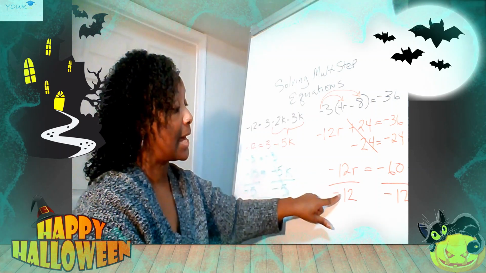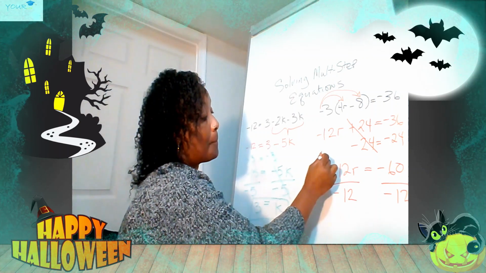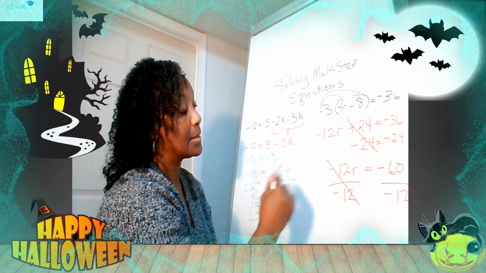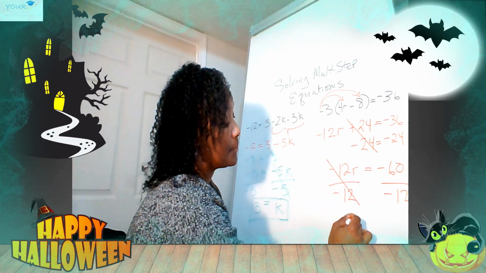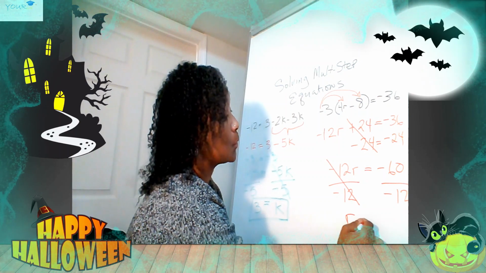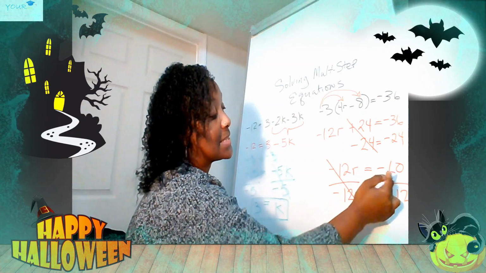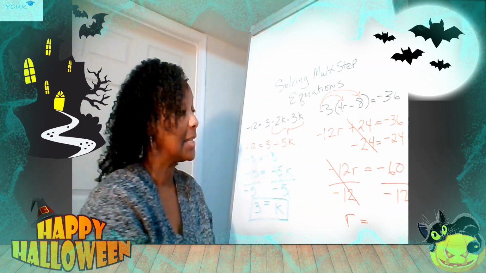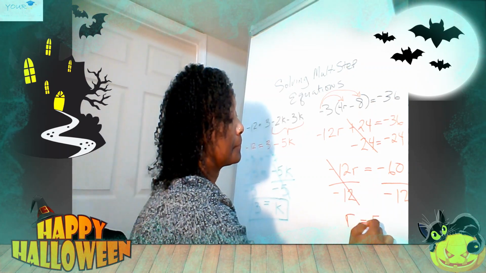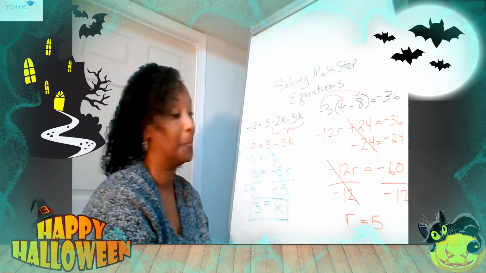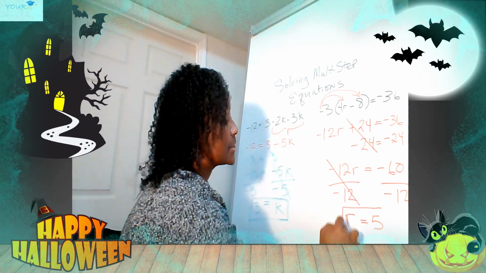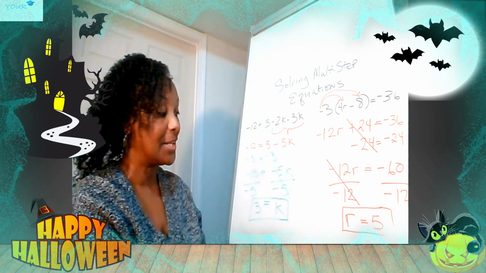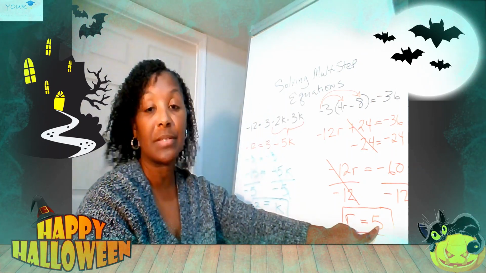That's going to allow me to cancel out my negative 12 on the left side of the equation, leaving me with r equals a negative 60 divided by a negative 12, which would then give me a positive 5. So my solution for this particular equation is r equals 5.